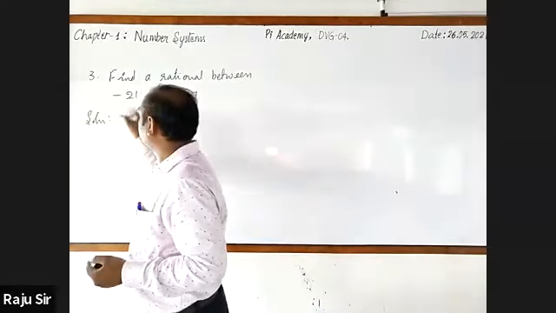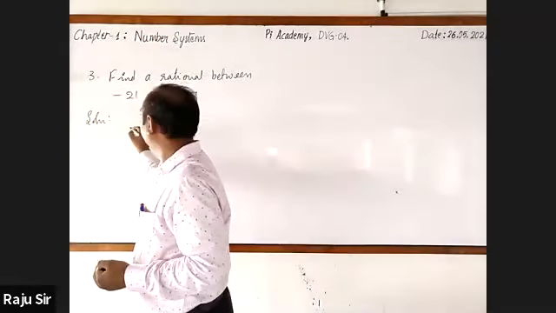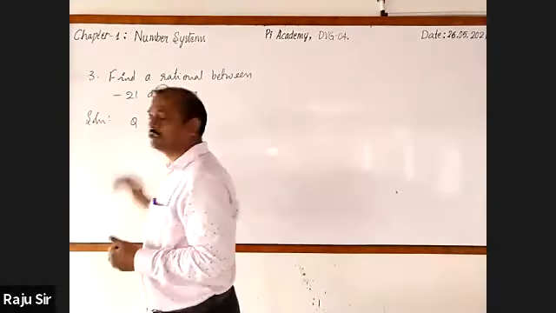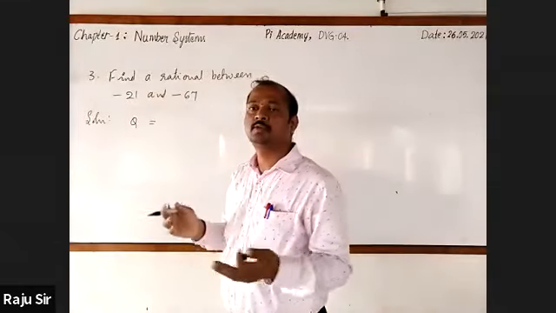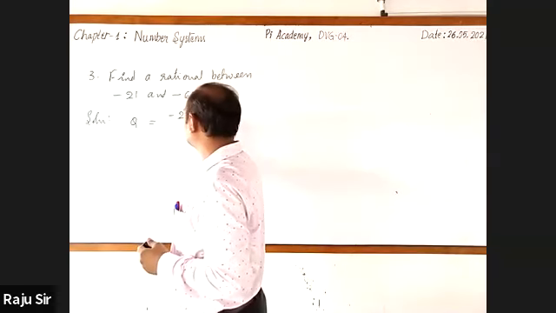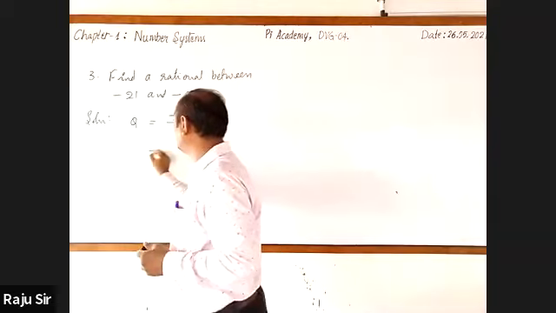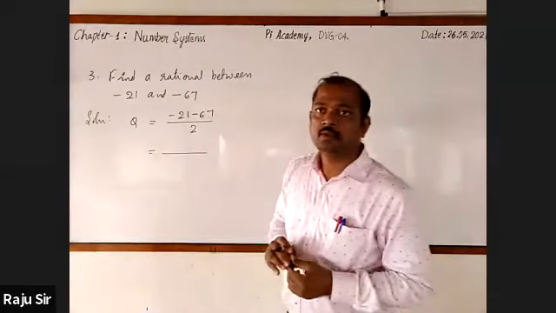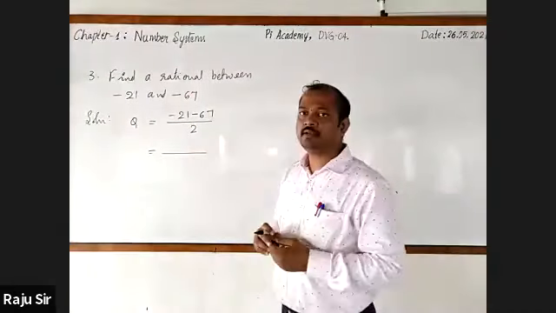Now, a rational number between these two can be written as Q, or as you may write the word rational. That is equal to (-21 - 67)/2. What is minus 21 minus 67?